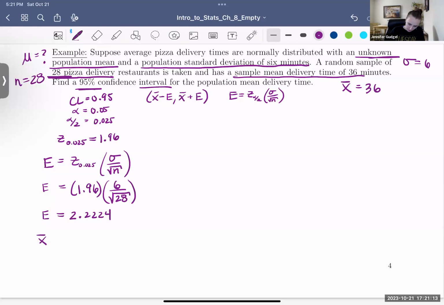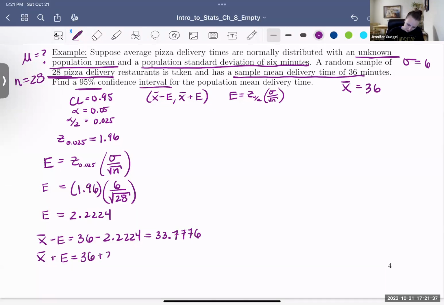That's my error bound. Now for my confidence interval, I subtract that from X bar and I add that to X bar. My lower bound is going to be, in this case, 36 minus 2.2224. I guess I'll actually write out what that equals. All right, let's go back to our calculator. If I subtract, that's 33.7776.